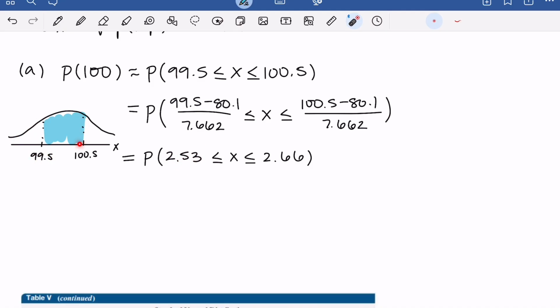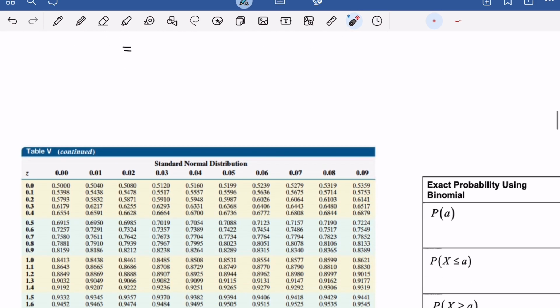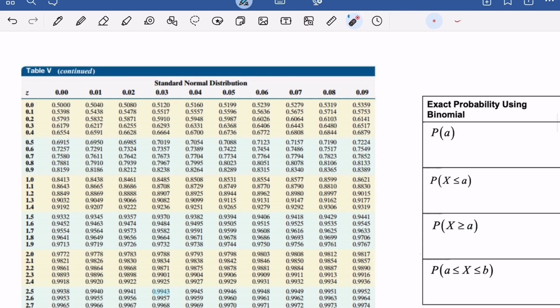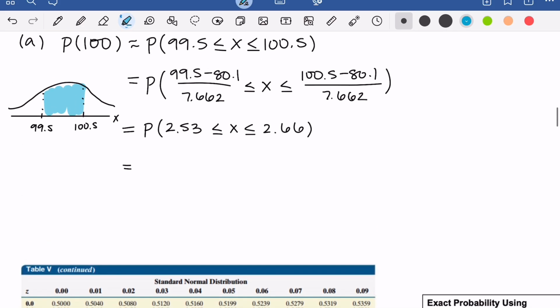Then what we do is we take this entire area and then we subtract out the area here, leaving us everything in between. So the area corresponding to this z-score, this 2.66, is the bigger area. So we're going to start with this one. So 2.66 is going to give us 0.9961. Okay, so that's the area under the curve corresponding to 100.5 or the z-score of 2.66, just to really emphasize that.